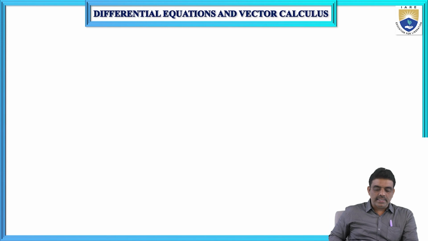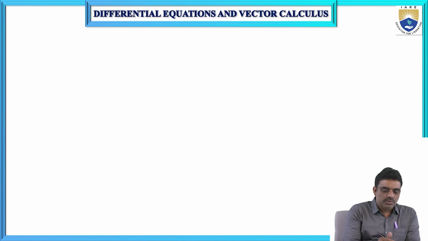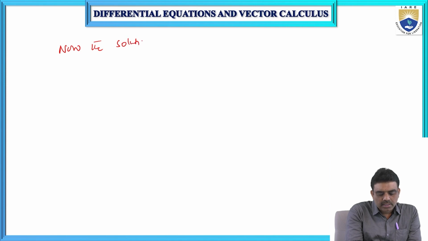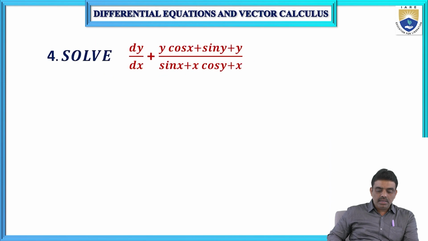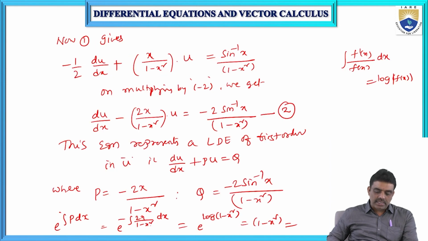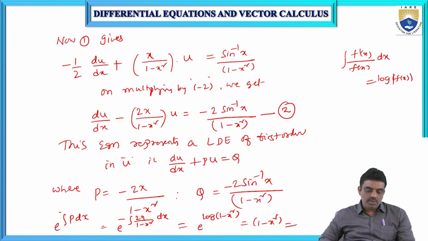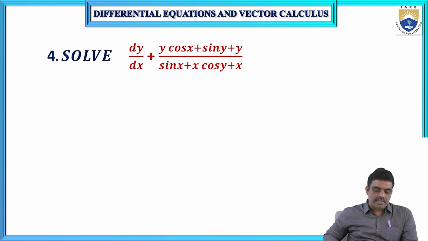Now the solution is u into e power integral p dx is equal to integral q into e power integral p dx dx plus c. What is u here? You can write u later. E power integral p dx is 1 minus x square.